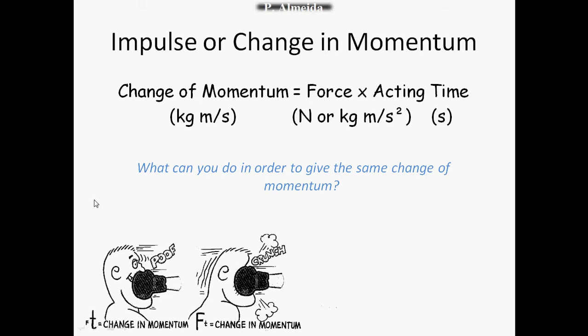So I can get a big impact, a big force, with the same change of momentum, but making the acting time small. And this is how it works in boxing actually, and in other sports. If you want to apply a big force, you need to make the contact time very small. So the momentum that you apply is still the same, but the force acting on the other person is bigger. The opposite works for car safety.